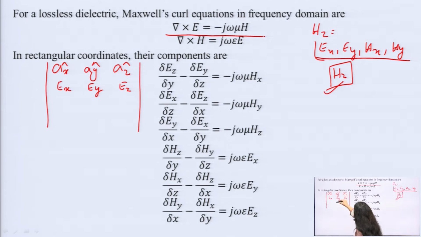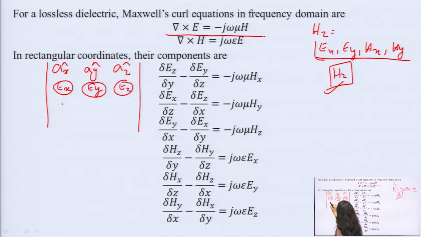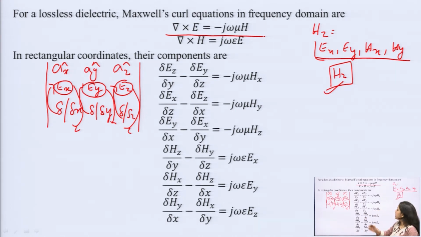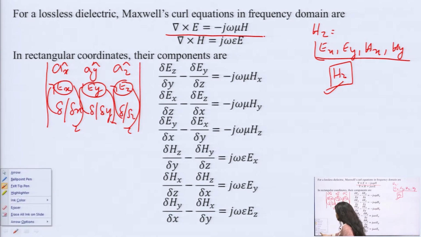When you write in terms of this, this is on the upper side and this will be on the lower side. By solving it, we will be able to get the expression of this. I am just going to solve it for you.